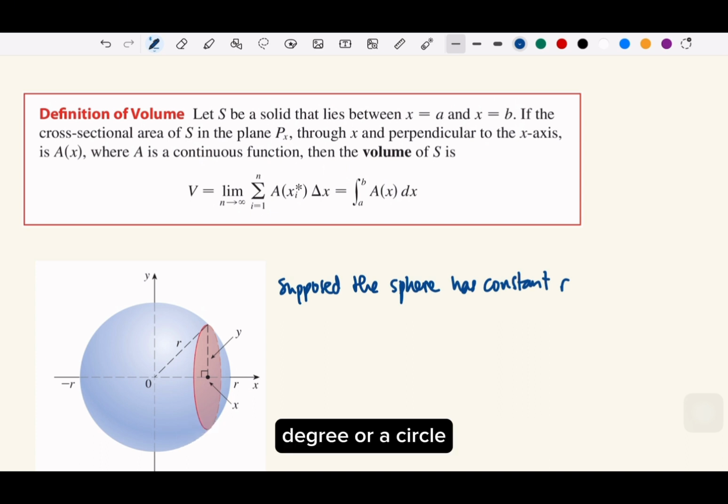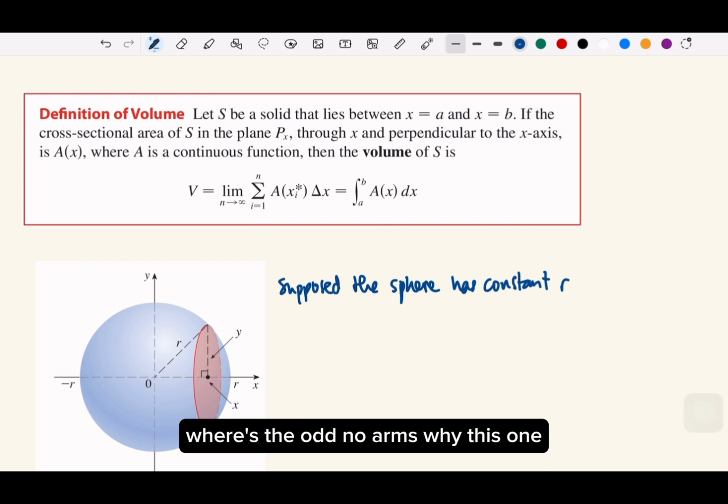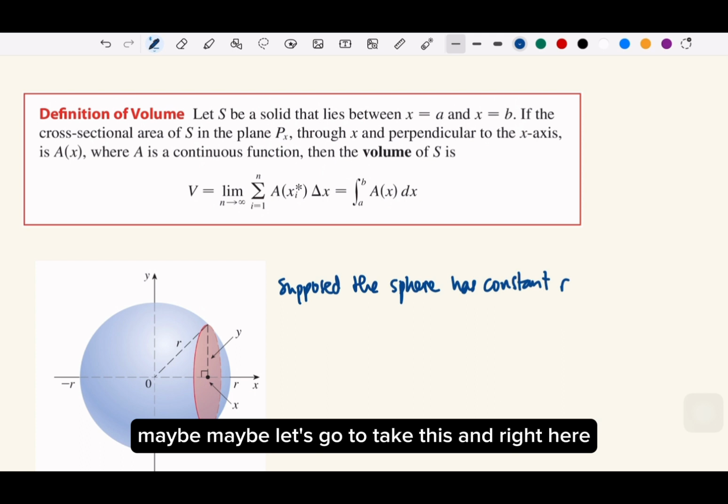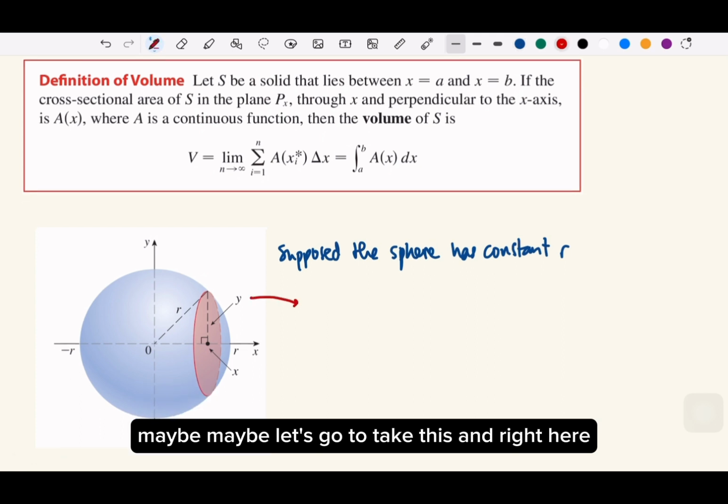Agree or not? The area of a circle is what? Pi r squared. Where is the r? Now r is y, this one. So maybe let's take this and go right here.